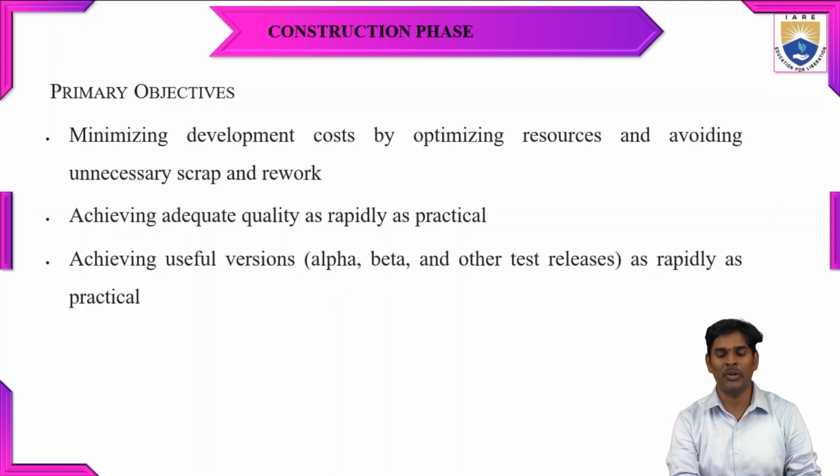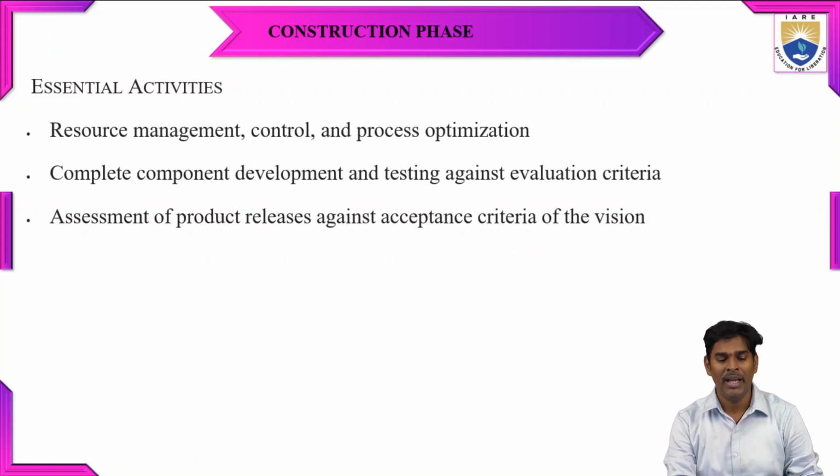So this is very important for releasing the different types of versions, because at one time they cannot fully develop the software product. So that's why alpha, beta, and other test releases are required for releasing the versions, for practicality.